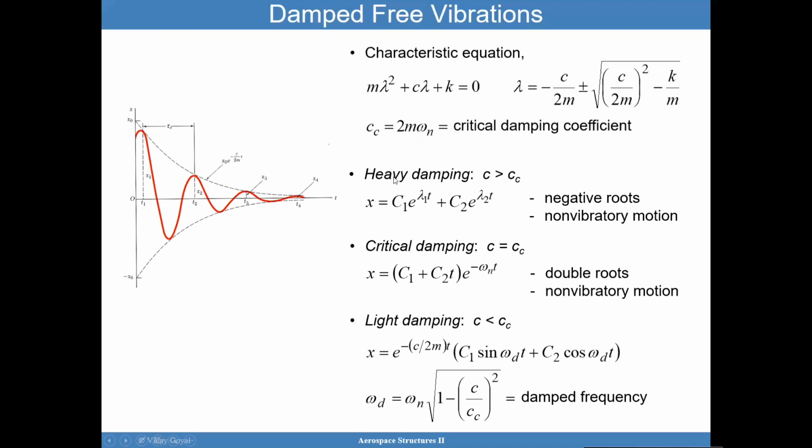You have the situation where if I define C sub C as twice m times omega n, and I call this the critical damping coefficient, so that, again, this mass, this natural frequency, this multiplication here, if I call this critical damping coefficient, if this coefficient C is greater than the critical damping coefficient, then you're going to have heavy damping.